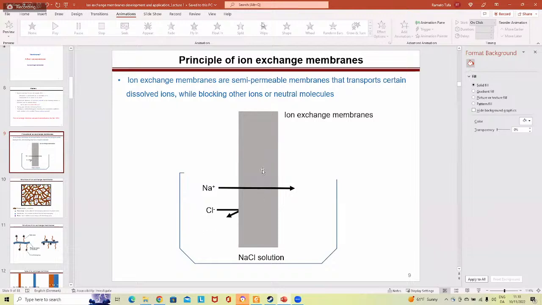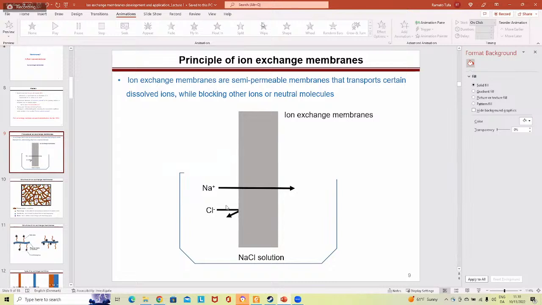This is a cation exchange membrane because it is transporting sodium. Sodium is a cation, so it is a cation exchange membrane. If you have, for example, 95% permselectivity, that is a very good permselectivity. It means that it excludes about 95% of the chlorine in the sodium chloride solution.